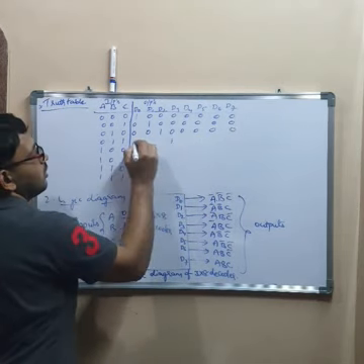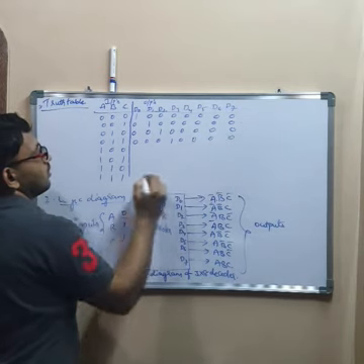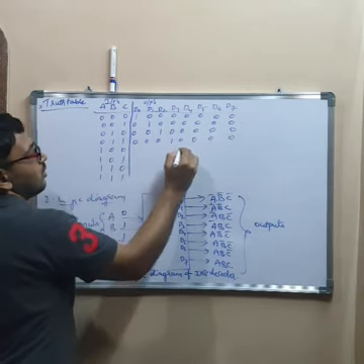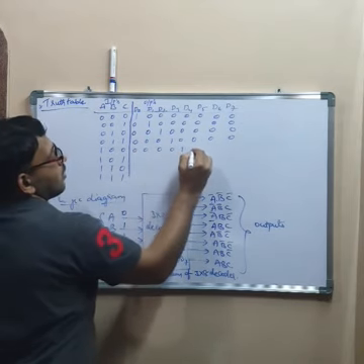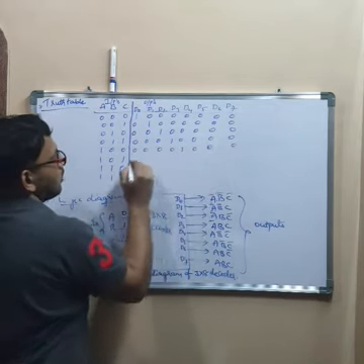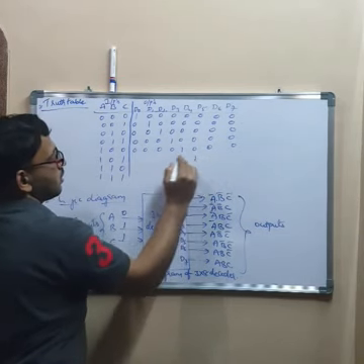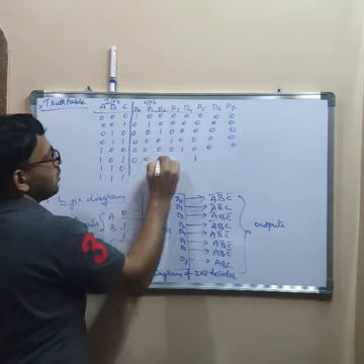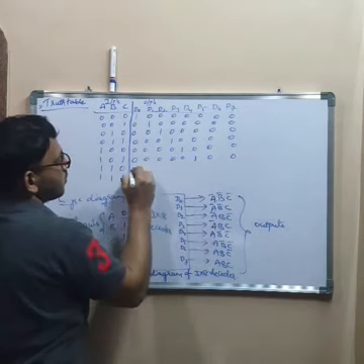This will be 1. All outputs are 0. So this will be 1. All outputs are 0. So here D5 is 1. All these outputs are 0.